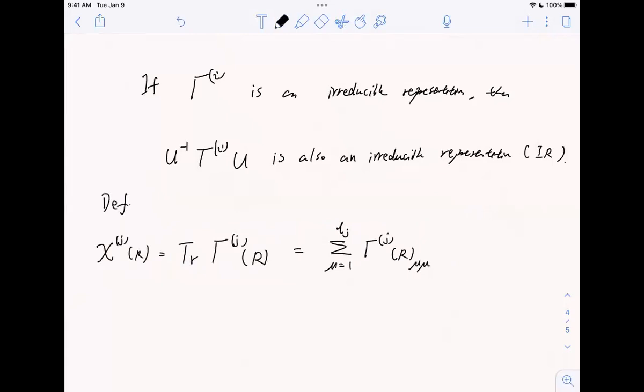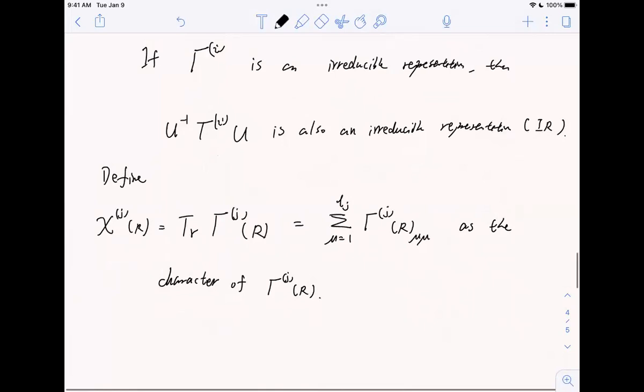We define chi_j(R) as the character of R in the jth representation.